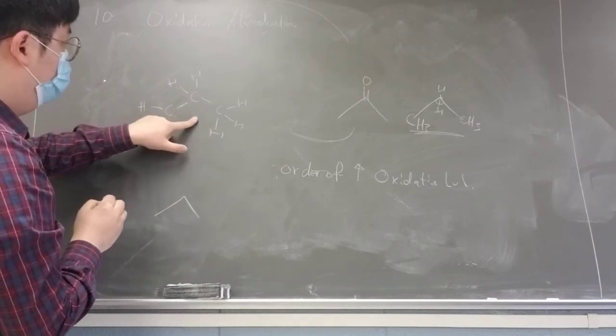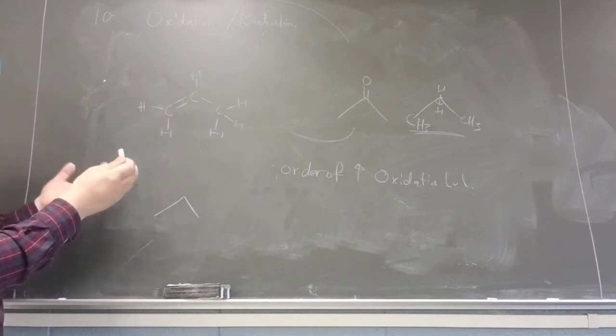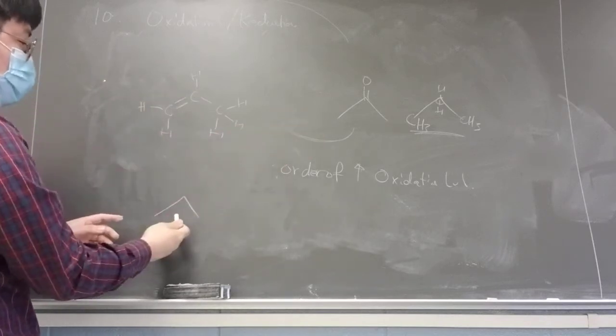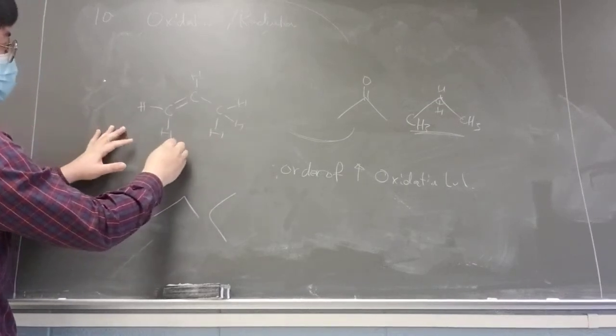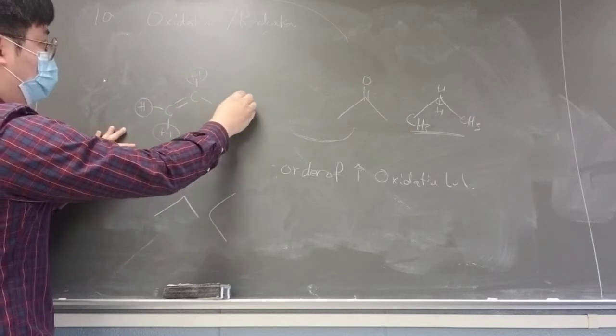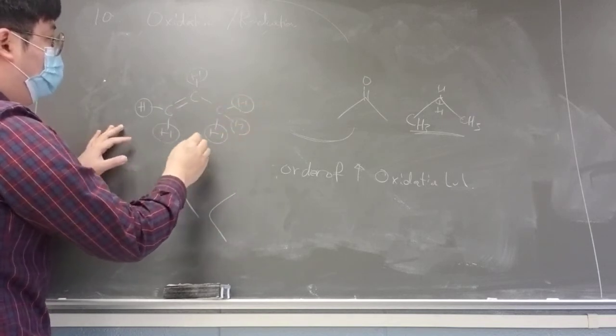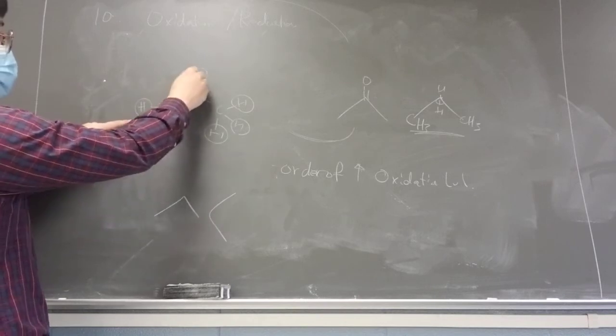But because of the double bond, there are 2 fewer hydrogens than the alkane. Like I said, fewer hydrogens is better. But what you can do is just count the number of hydrogens.